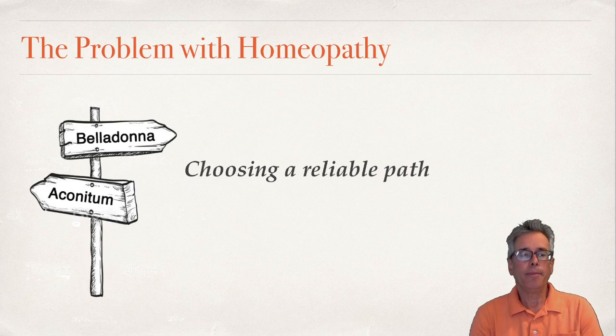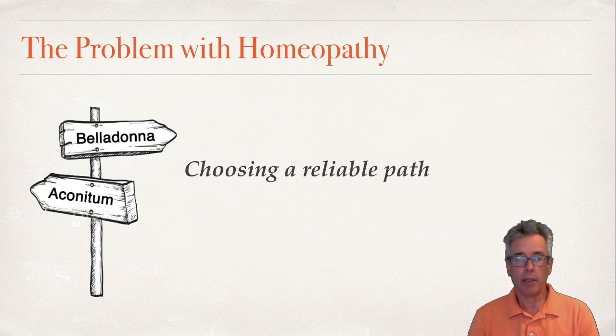In homeopathy, we're always trying to find a remedy that's a reliable and useful remedy. And in this image, we've got a road sign with one direction for aconite and one direction for belladonna.